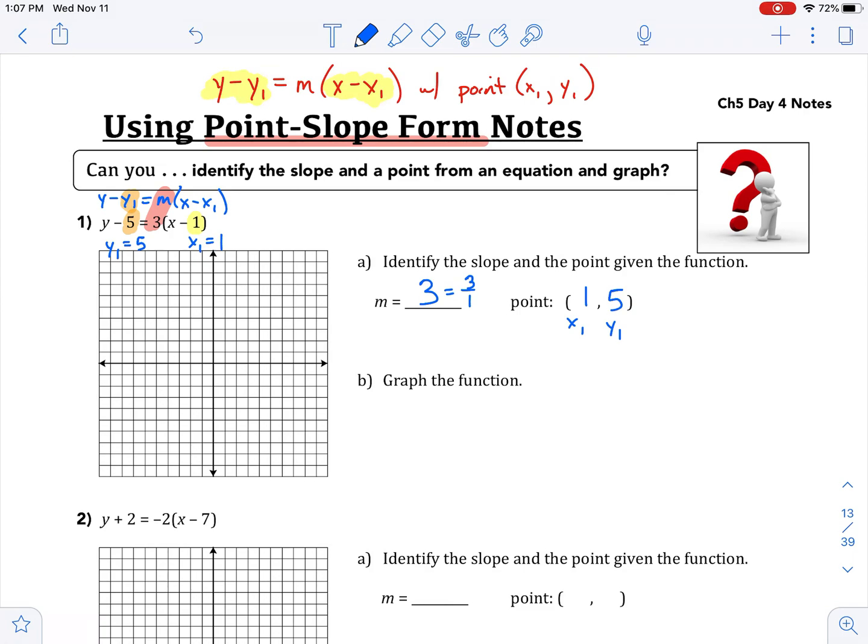If we'd like to graph this, the first thing we're going to do is plot the point. And then after that, we're going to use the slope to find two other points. So let's plot this point 1 comma 5.